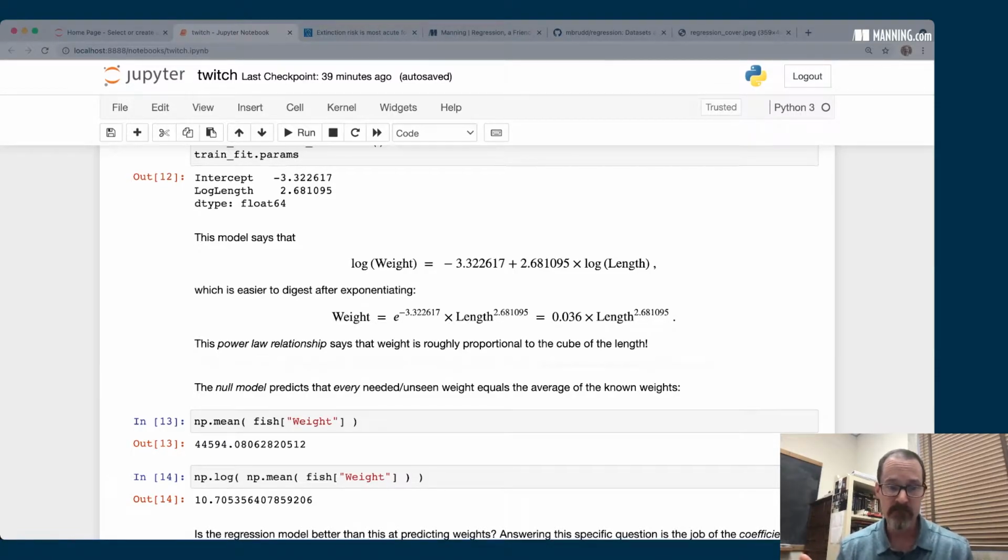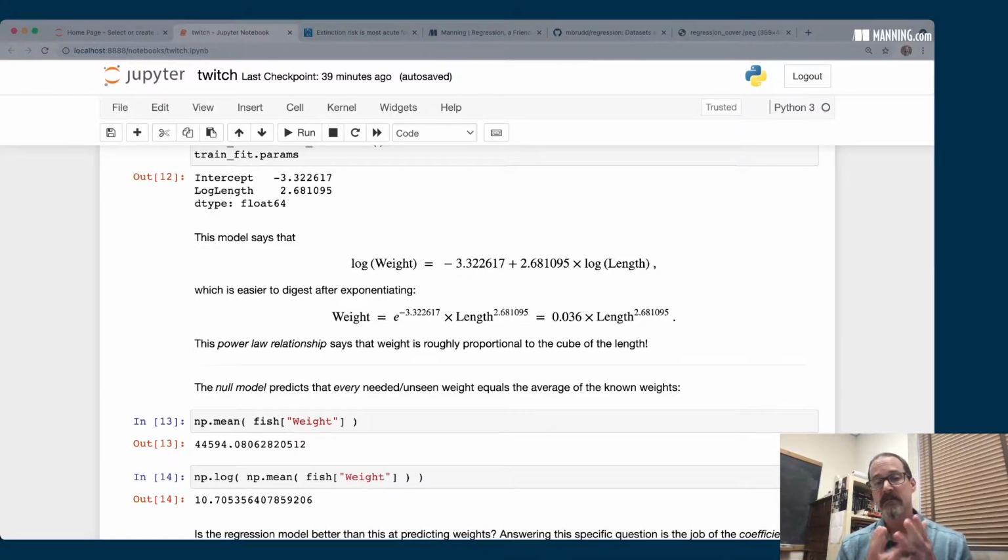That's called the null model. Sort of like if you want to predict the height of the next person you see randomly walking around the city, you would guess the average height, okay? That's the null model. So in this case, you would just guess a weight of 44,000 grams, 44 or 45 kilograms. In terms of logs, you'd guess 10.7.